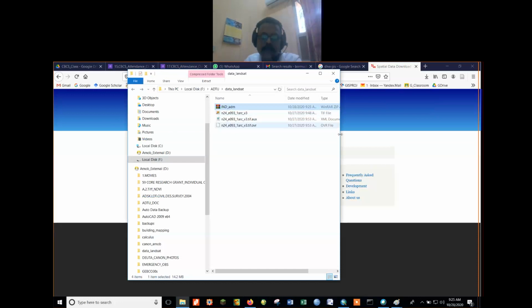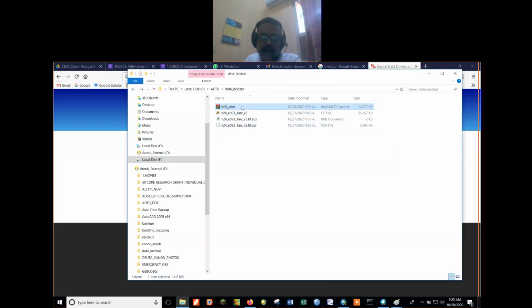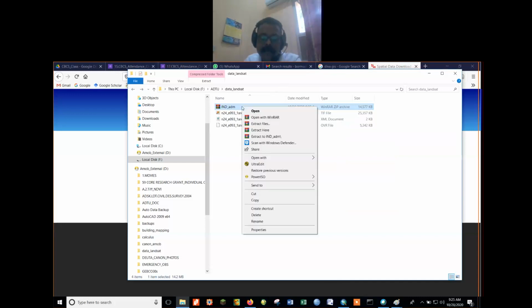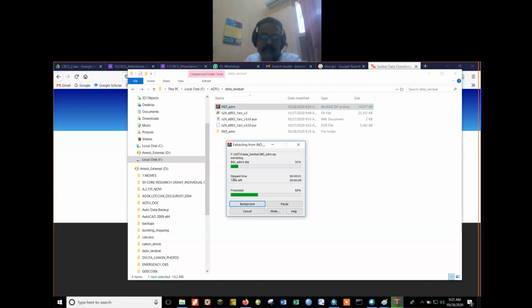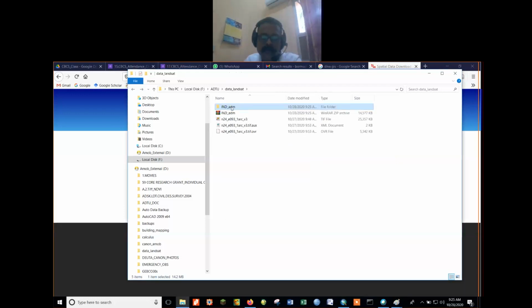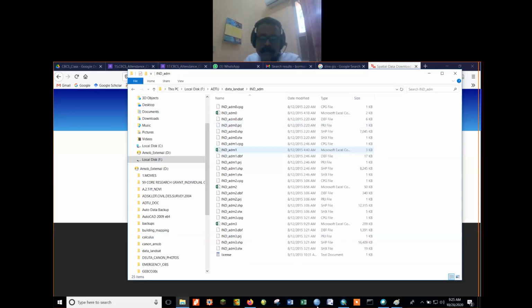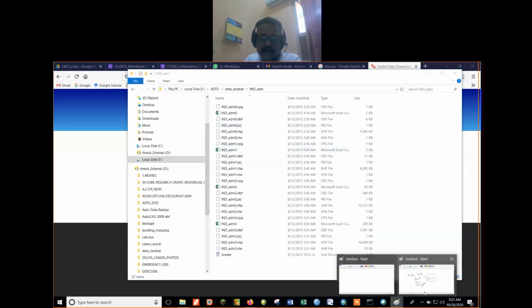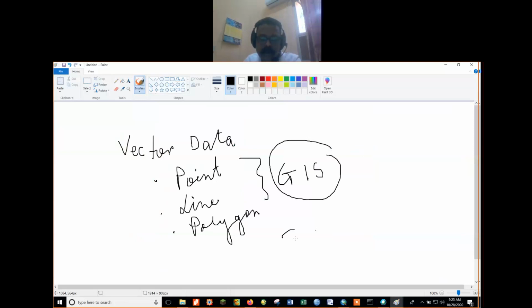This is a zip file, so you will need an application like WinZip or WinRAR to open it. Right click and you say extract. Okay, so this is our spatial data. This is also known as a shapefile.